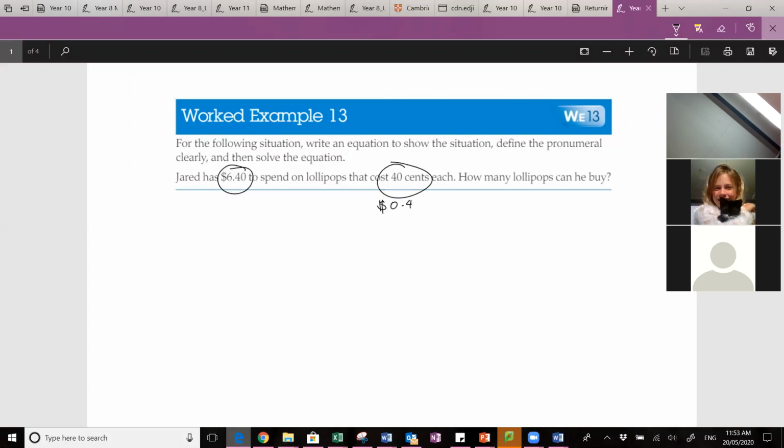So the number of lollipops that Jared can buy, let's call that X. Jared can buy so many lollipops and they cost 40 cents each. So if we have so many lots of lollipops times 40 cents, we want that to equal $6.40. So that's our equation. Does everyone make that clear how we got that equation?